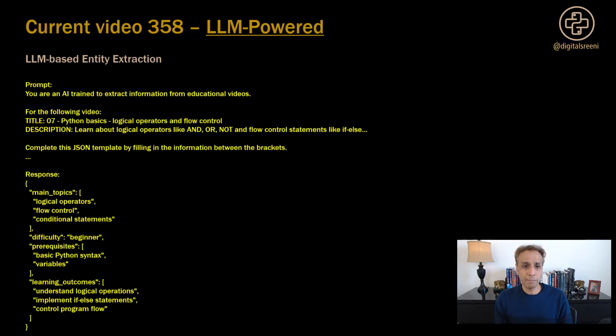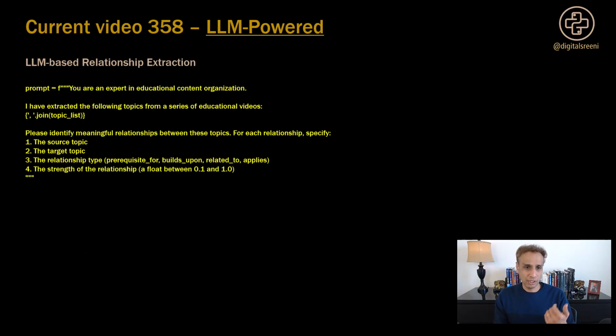Complete this JSON template by filling the information between the brackets, right? And then I give a template where it needs to fill the main topics, the difficulty, the prerequisites, and the learning outcomes. So all of these, based on this video, I'm relying on the large language model to fill that specific template. This is where I'm using the LLM to extract entities.